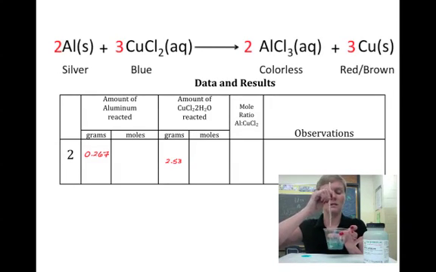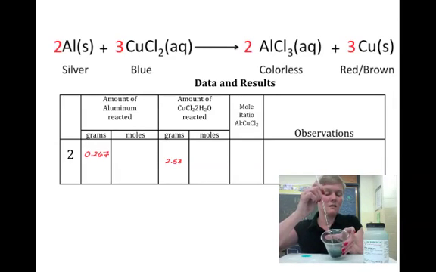So we might see something different happening. It's fizzing, it's getting hotter, it's fizzing a little harder. Notice that the copper solid is forming on the aluminum again. And we will stir and see what happens after about 15 minutes.